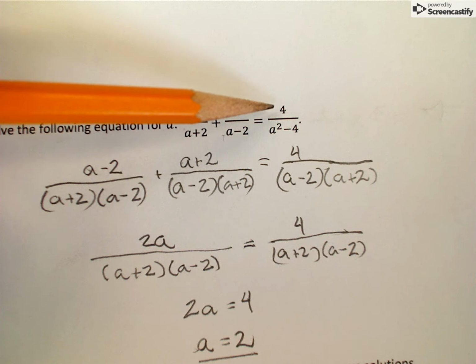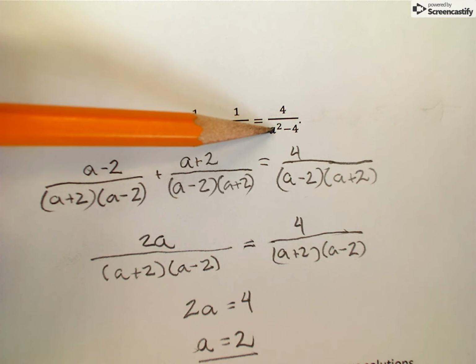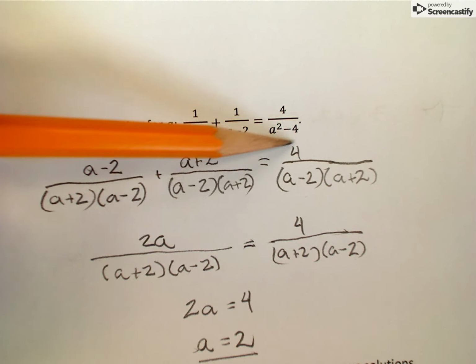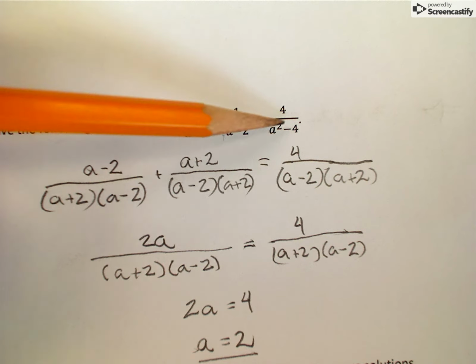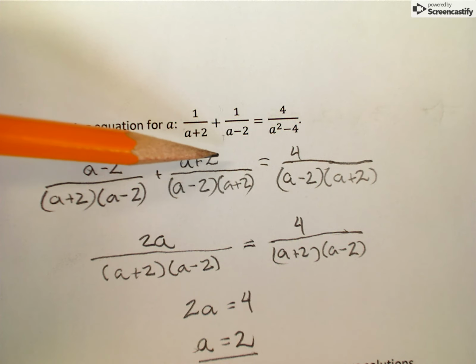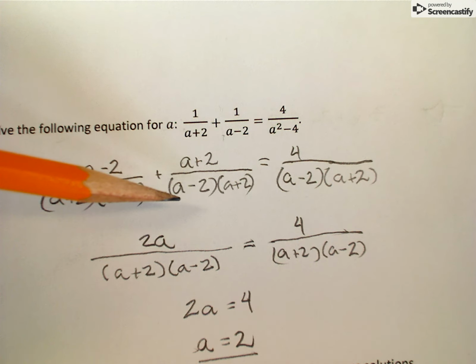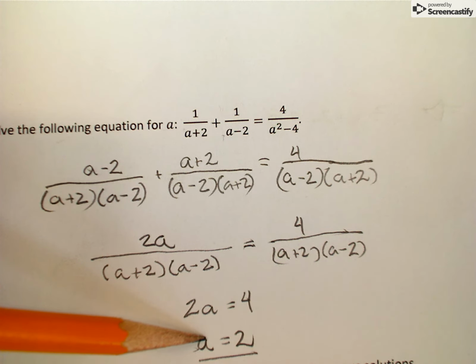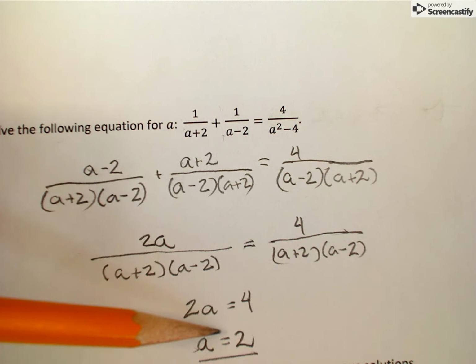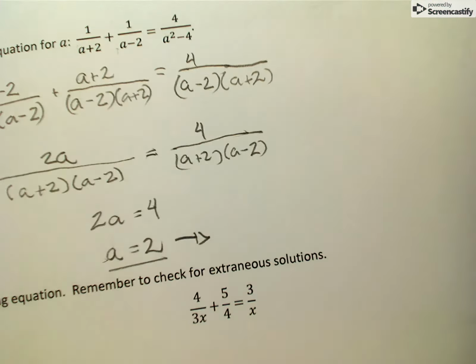On the right-hand side, if I put 2 in for a, I get 4 minus 4 on the bottom, and that's also 0. So 2 of the 3 rational expressions in the original equation are undefined when a equals 2. So this is actually what we call an extraneous solution.